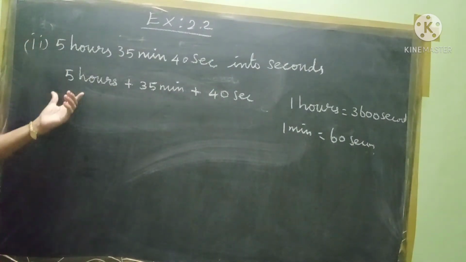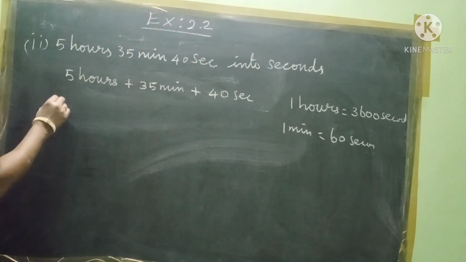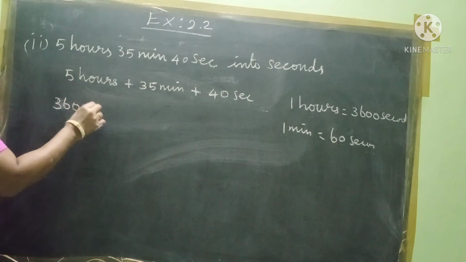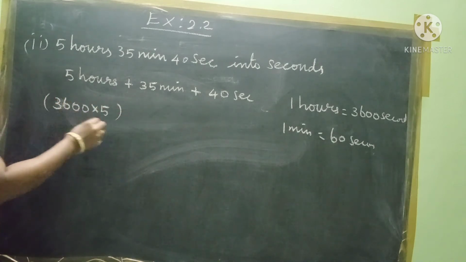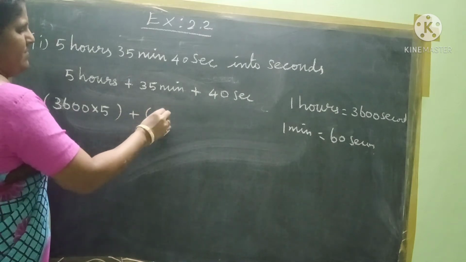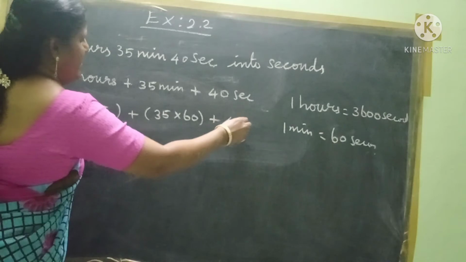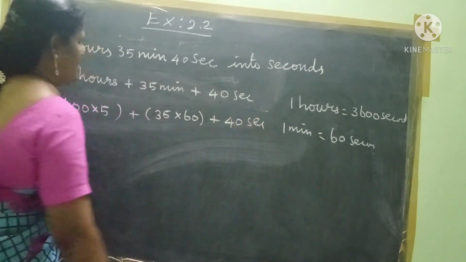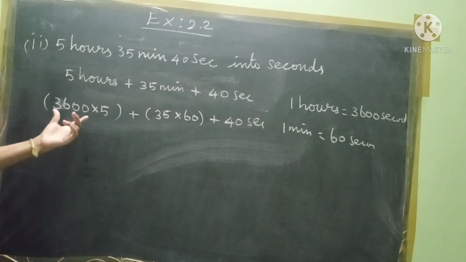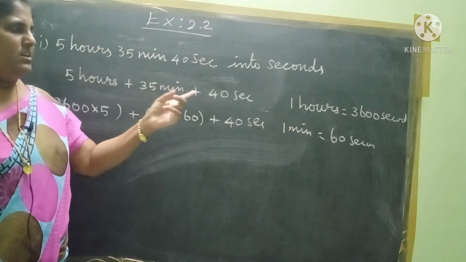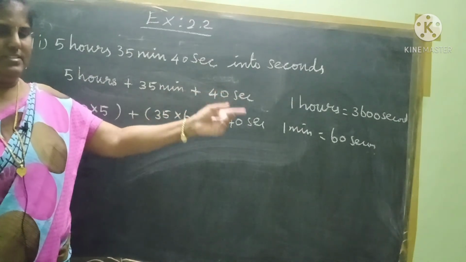Therefore, 5 hours means 3600 into 5 plus 35 into 60 plus 40 seconds. If you want to change hours into seconds, 1 hour contains 3600 seconds.